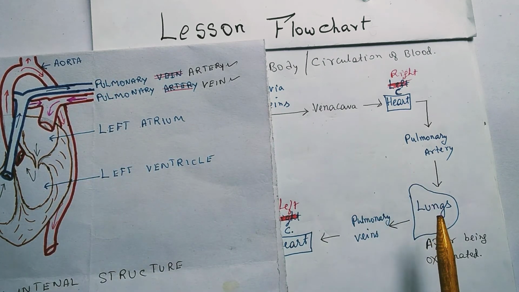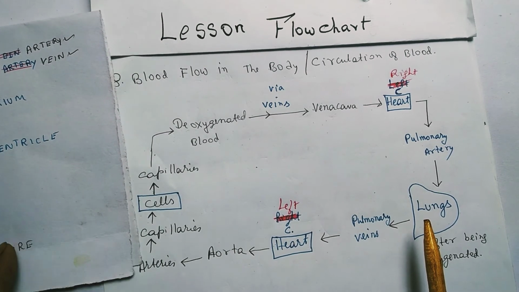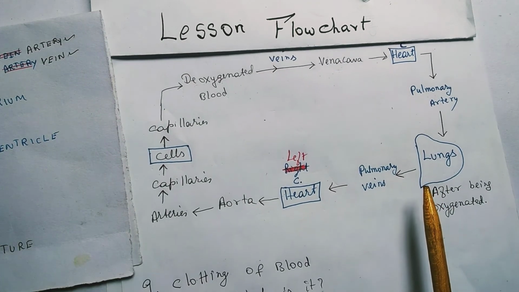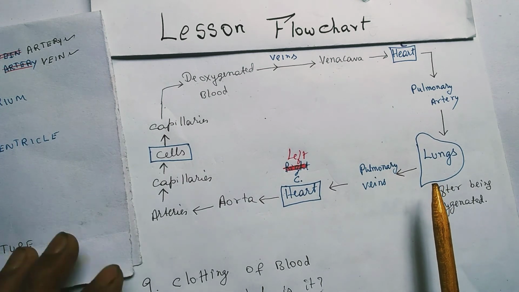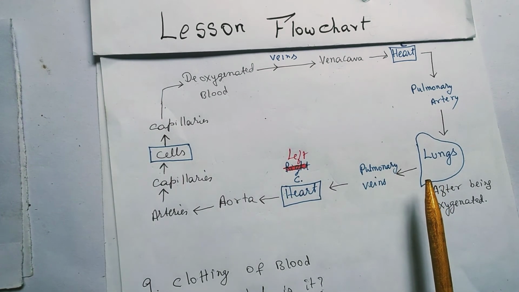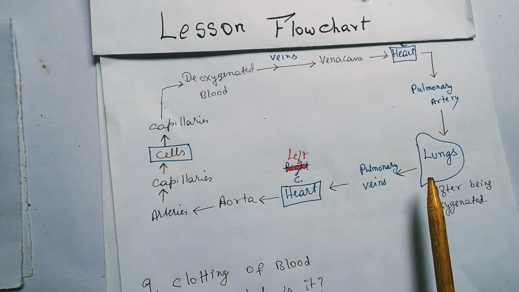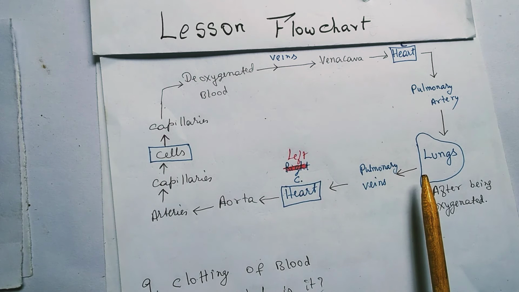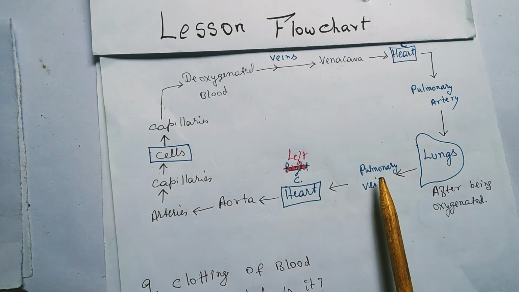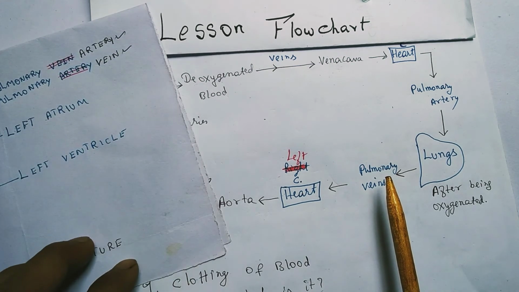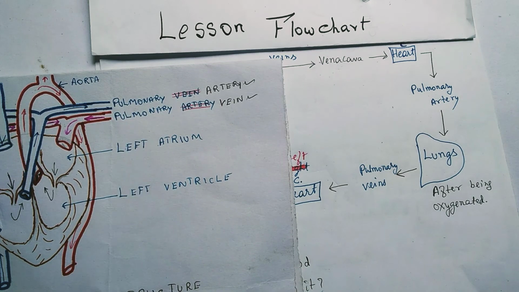and goes to the lungs, and in the lungs that carbon dioxide will be removed, and instead of carbon dioxide, oxygen will be carried into that blood, and at that time it is called oxygenated blood. That oxygenated blood in the lungs will then be passed into the pulmonary veins. You remember the pulmonary veins here.